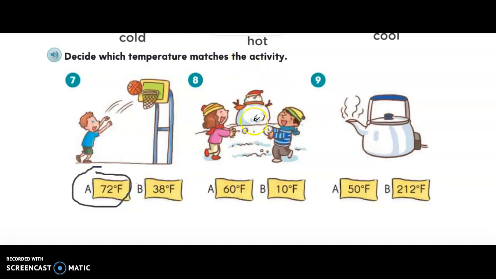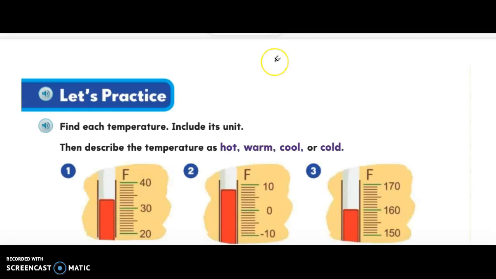Now here they are building a snowman. They have hats, scarves, all that good stuff. At 60 degrees, we would not be seeing any of that. So 10 degrees for here. And then for number 9, in order to get that tea kettle water boiling, 50 degrees definitely wouldn't be enough. So that would be 212 degrees Fahrenheit.